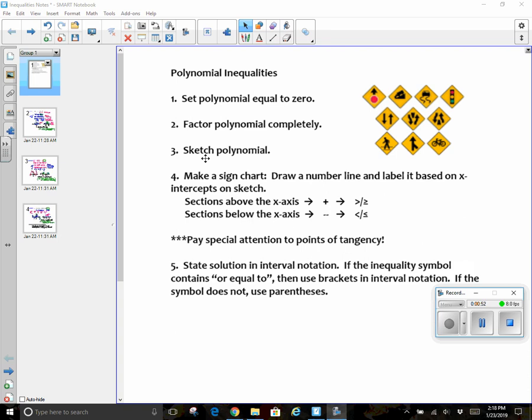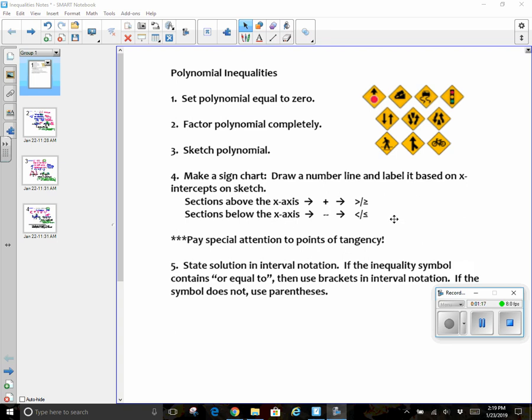Then based on your sketch, you're going to make a sign chart. A sign chart is just a number line where the important points on the number line are your x-intercepts from your sketch. So you're going to look at your sketch, and if the section on the number line is on the sketch above the x-axis, you're going to put a plus sign.